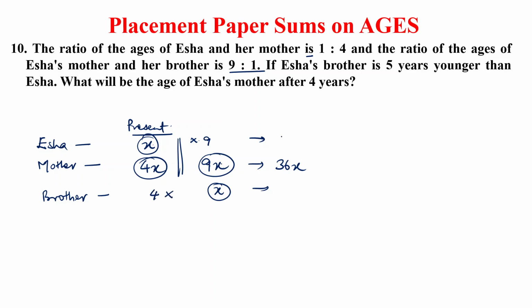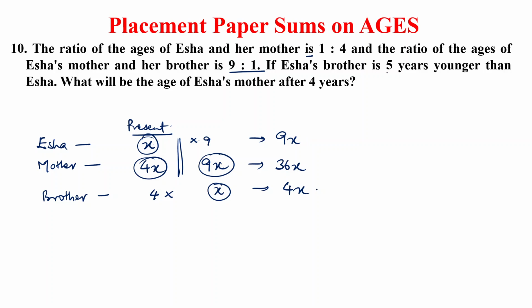So Isha will become 9x. If mother is 36x, that means Isha should be 9x and Isha's brother should be 4x. So this is the equation. That's all, nothing else. Just multiply the common factor, and let's see the missing options in other age questions. This is the question and it can be done.